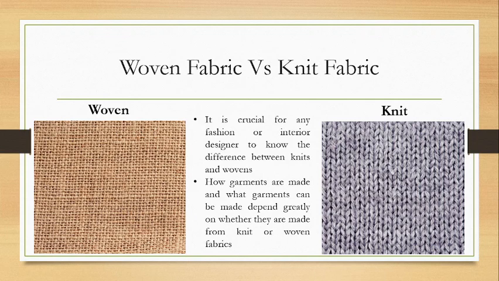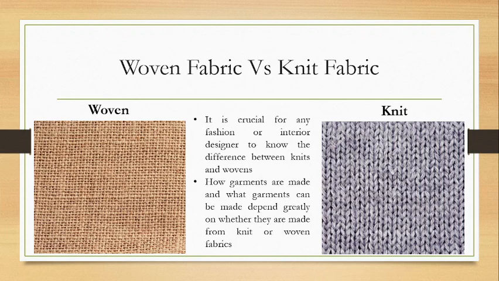Well, it's important that we know all the different characteristics of our fabric because they can all either enhance or detract from the characteristics of whatever we're trying to design with them. Particularly so for woven versus knit, because the composition of both of these different types of fabric are radically different.